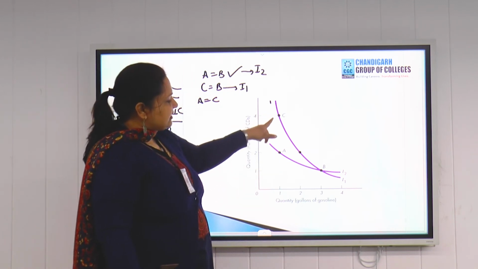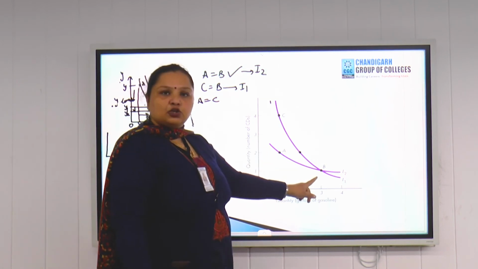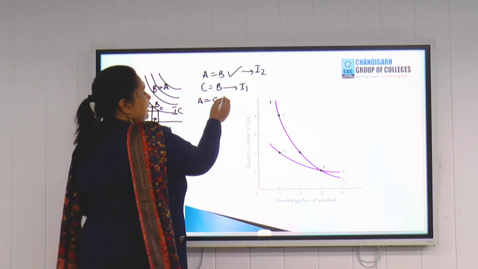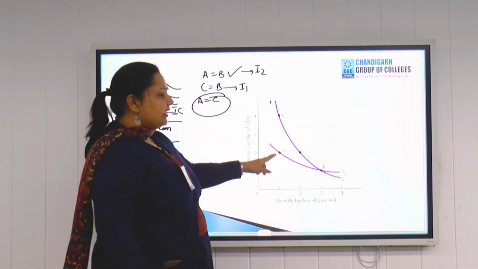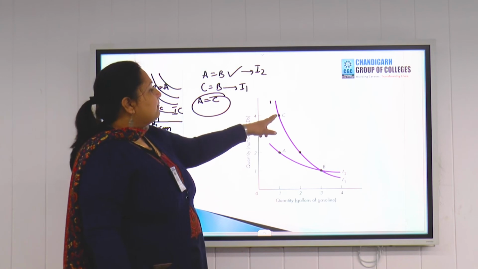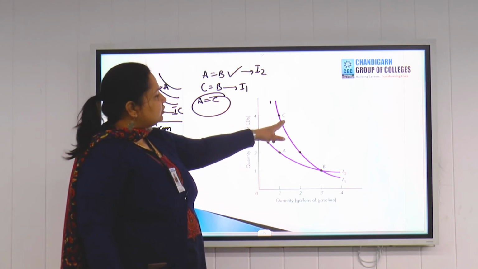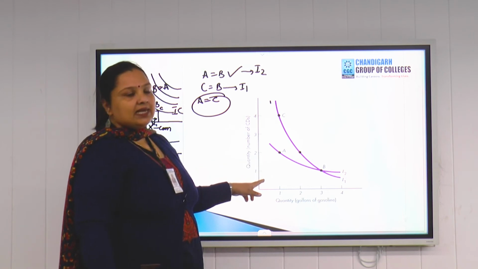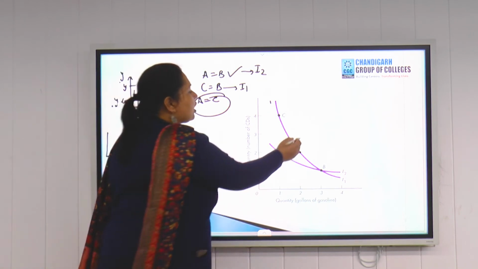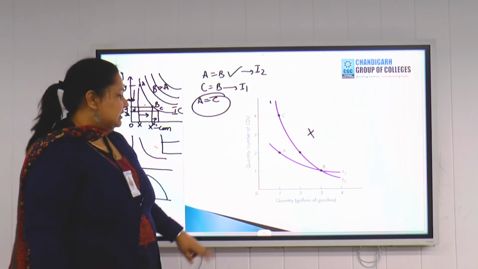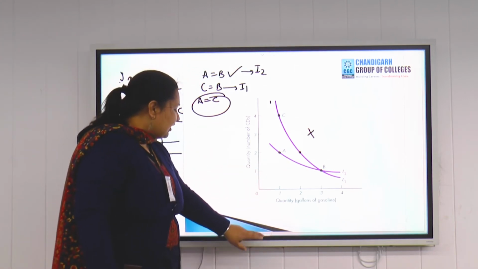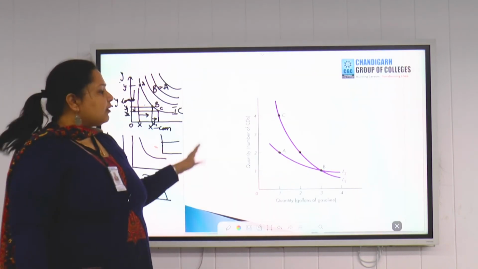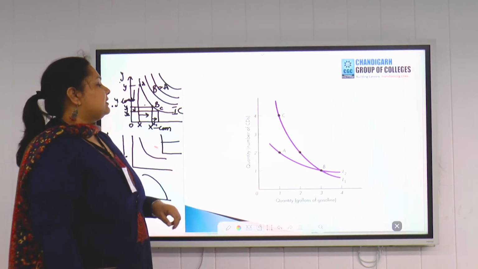Now it means if C is equal to B and A is equal to B, then A and C must be equal. But here A and C are not equal because C lies on a higher curve, so satisfaction from C is more and satisfaction from A is less. That's why it is wrong to cross two indifference curves, because this is violating the assumption of transitivity.